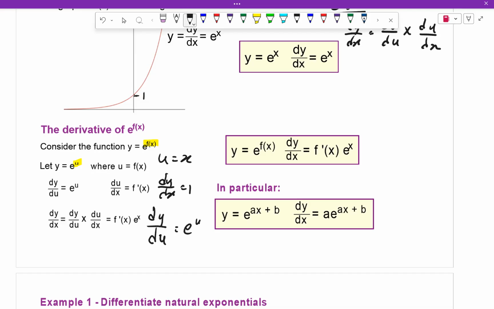Okay, however 如果你有的情况是 e to the power of 2x like that, what you will notice is that your u is going to be 2x. Okay, so 我们的 du over dx would equal to x. No, x2.